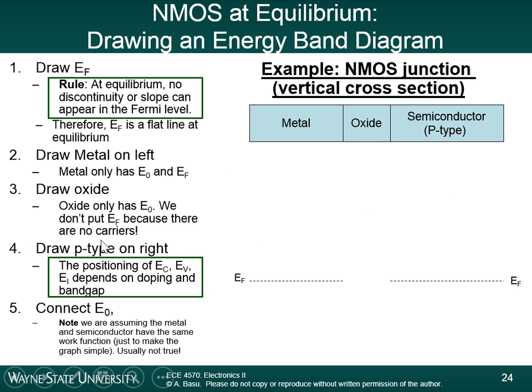So step two, we can draw the metal on the left. The metal only has E0 and EF. So you already know how to draw the Fermi level or the energy band diagram for metal. So the EF and E0 is separated by this phi m, the metal work function. Does anyone remember what E0 is from our discussion on metal semiconductor junctions?